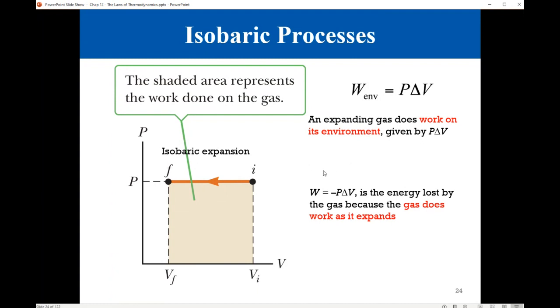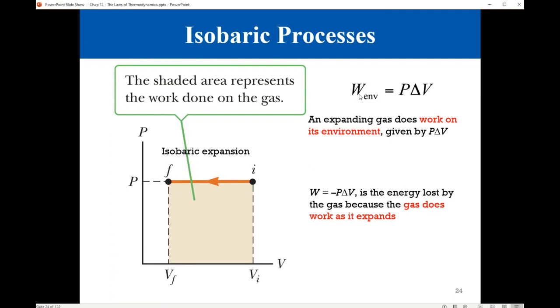So if the gas expands, it does work on its environment, but in that case, the final volume would be greater than the initial volume. It's opposite to this process. As for this process, this is a gas compression, not expansion. So the work done by the environment is opposite in sign to the work done by the gas.